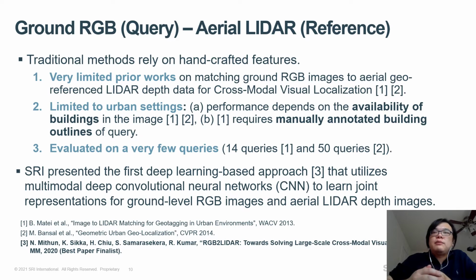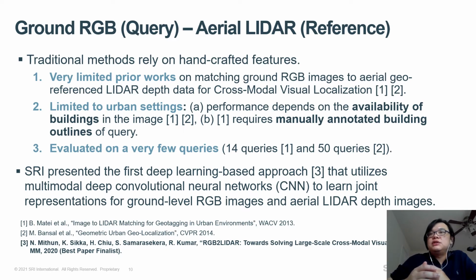As we described in the previous slide, using a ground RGB image as a query to search and match against a large-scale 3D geo-referenced database, which is built beforehand using an aerial LiDAR sensor, is a very appealing solution to this problem. However, this is also challenging because the aerial LiDAR collects data from a different angle to the ground perspective.